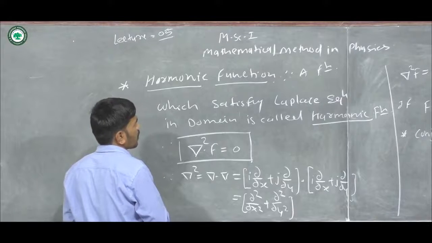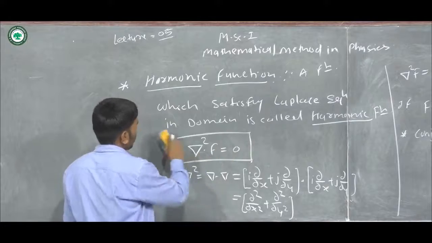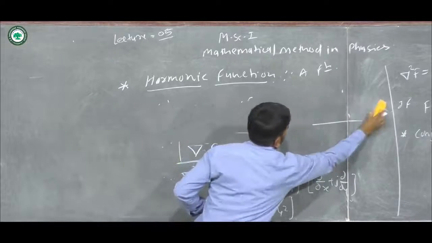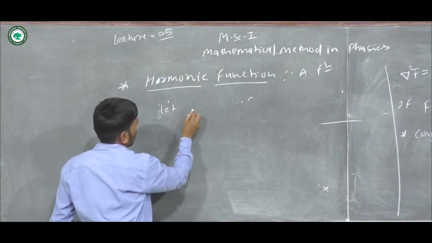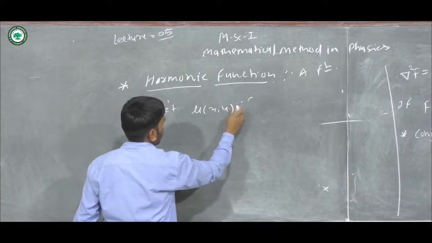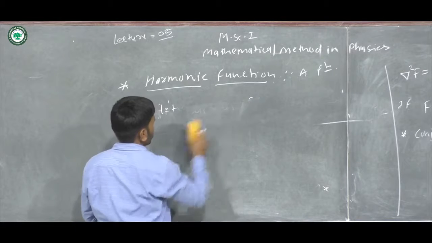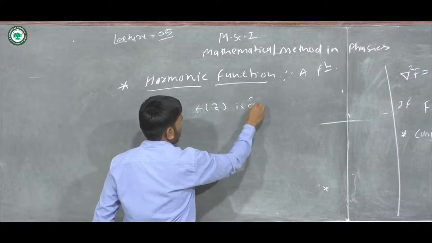If we consider the CR equations, we can prove this f of z is analytic. Consider u of x and y, or f of z, that is analytic.